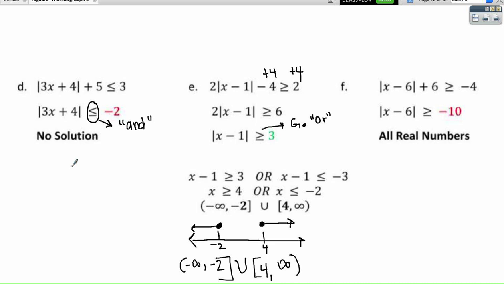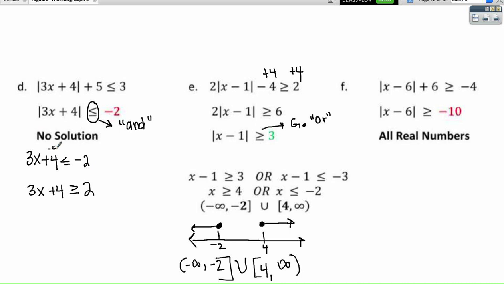Let's just say I forgot this is no solutions and I continue trying to work it. So I would have 3x plus 4 is less than or equal to negative 2, and then 3x plus 4 is greater than or equal to positive 2, because I kept the original one, then I flipped the sign and changed the sign on the number. So I continue to work this.